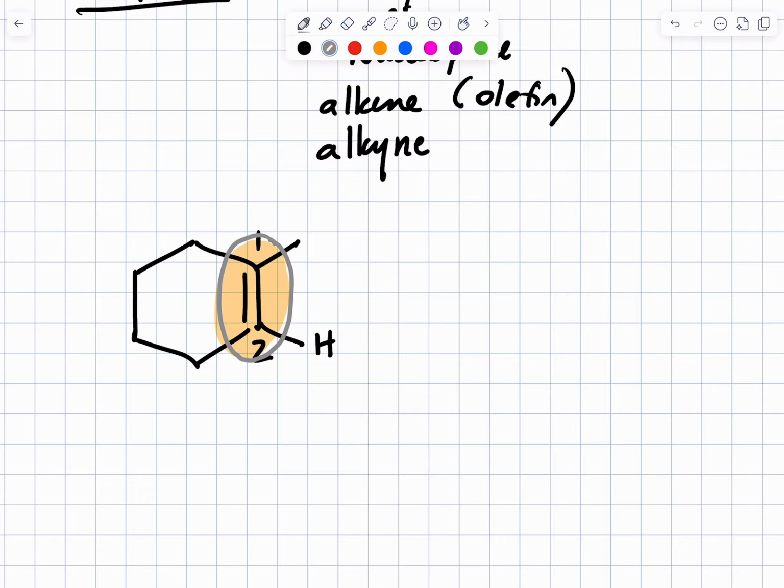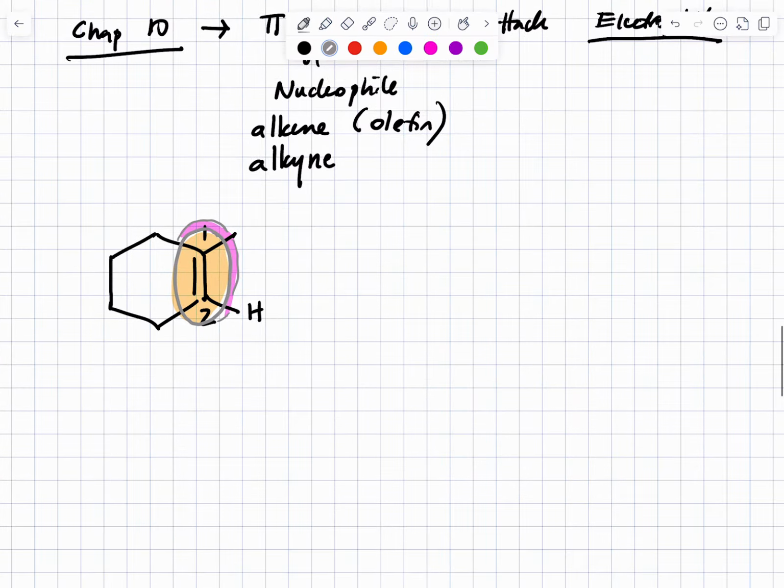The sigma bonds are all drawn in the plane of the page. And then another equal-sized lobe below the plane of the page. And what you have to understand is that an alkene has a top face and a bottom face.